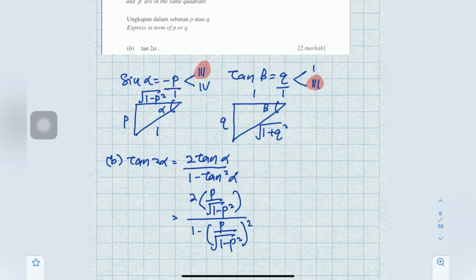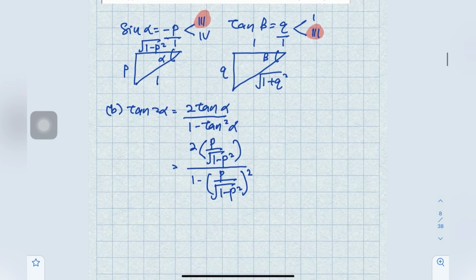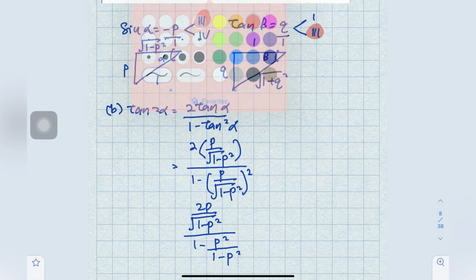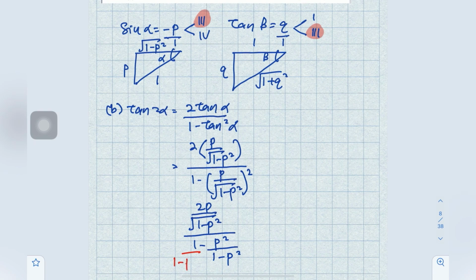Okay, so then we simplify. The rest we simplify. We will get this one, 2P over square root of 1 minus P squared, over 1 minus P squared over square root squared. So the square root is gone, so 1 minus P squared. Okay, this one we have to equate the denominator. So 1 over P to the power of 2.